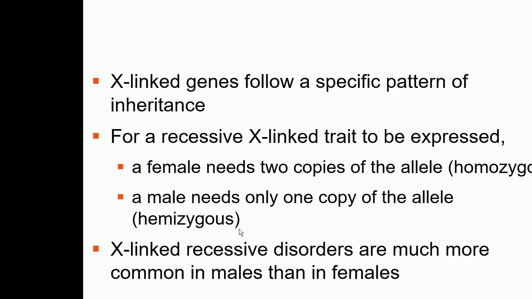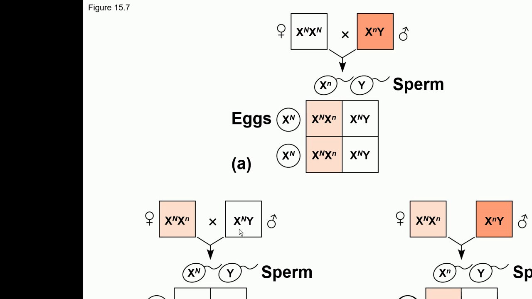Okay, so now we can discuss some of the crosses, and it's important to understand these X-linked crosses, because you can get these kinds of questions on your quizzes. Here is a female, and capital N means normal allele. Female sex chromosomes are XX, and both alleles are normal. This is a male, XY, and the allele is mutated.